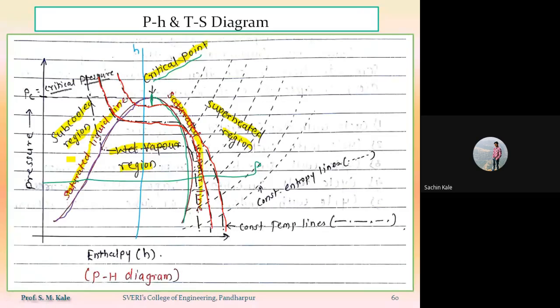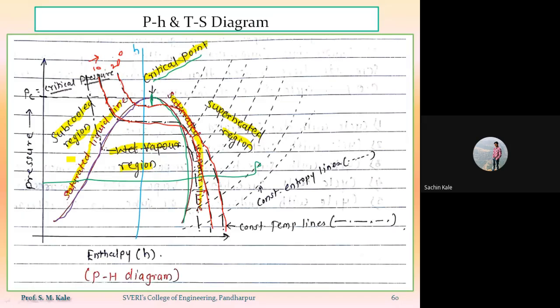The value of temperature goes on increasing towards this direction. That means if this is the line of 10 degree centigrade temperature, then anywhere on this line you will observe the temperature as 10 degree centigrade. Next one, suppose this has 20 degree centigrade.